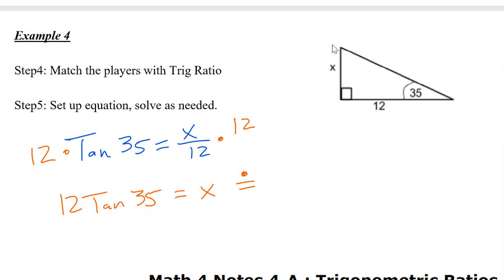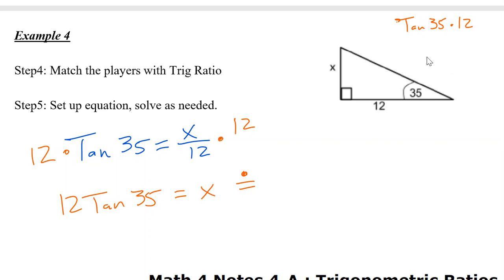One comment I want to make here is that if I had said it this way, do I know whether the 12 is supposed to be in the tan or not? Is it just tan 35? Do that, get a decimal, and then say times 12? Or did I mean for that to happen? I don't know.